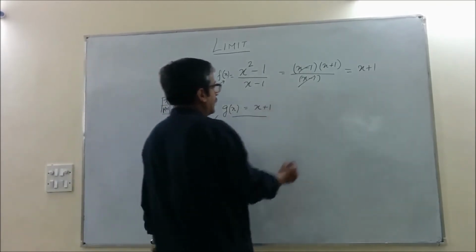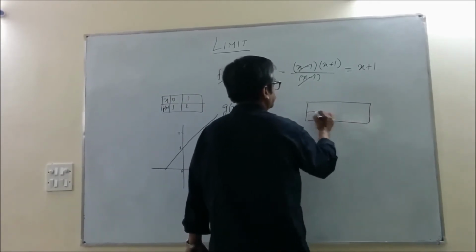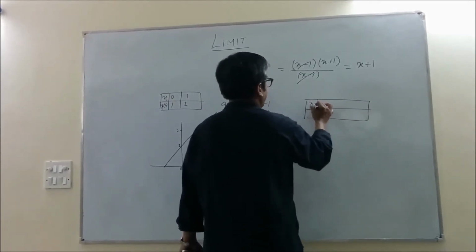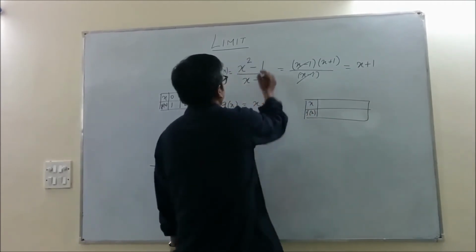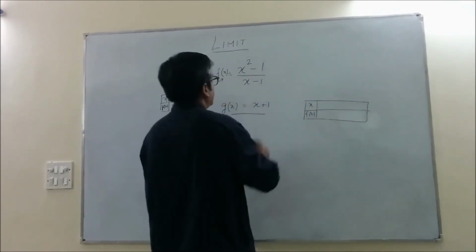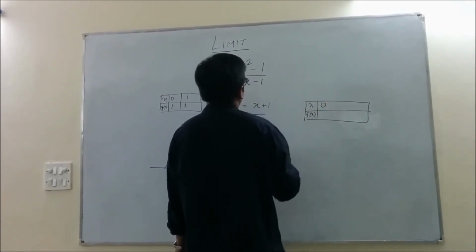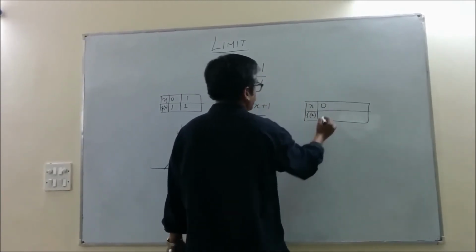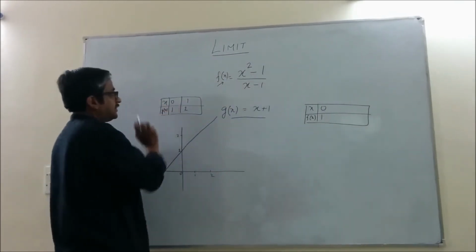This function also now I will plot. I'll write x, f of x. I'll put x equals 0, minus 1, f of x equals 1. So this agrees with this point.